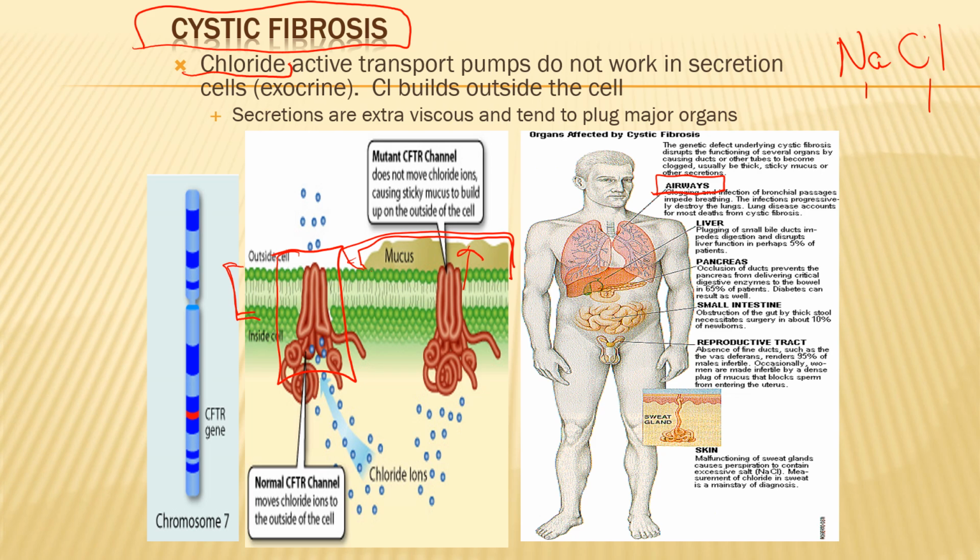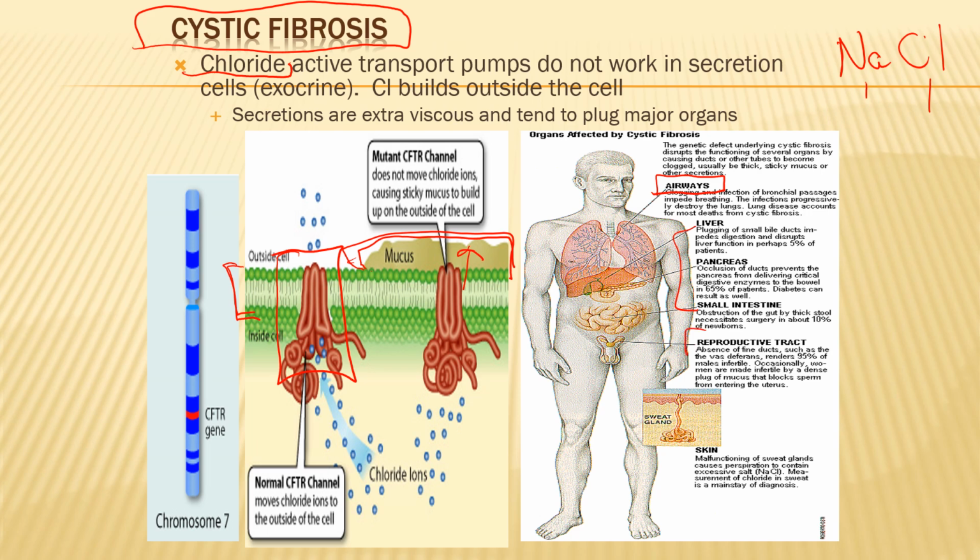Sometimes people with, especially young children with cystic fibrosis, have to have the mucus sucked out of their lungs to remove some of it. The intestine, the digestive system, you also get clogging up of mucus, so that the enzymes involved in breaking down your food cannot get to your food properly, and that can lead to problems with digestion of food and absorption of nutrients.